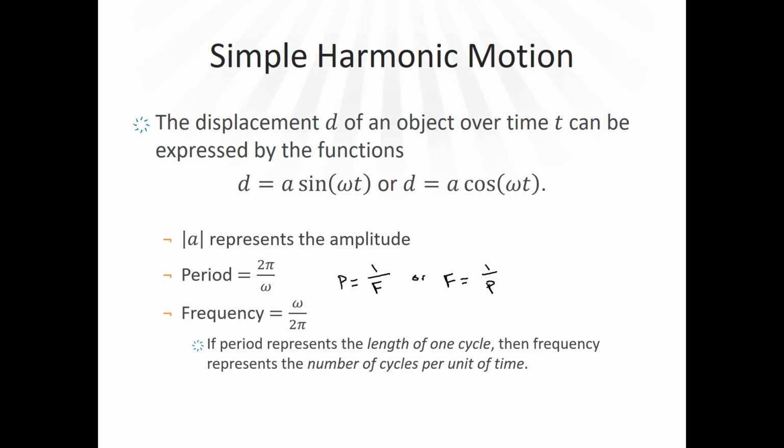It takes a half second for your heart to beat. Your frequency would mean that if it takes a half second to beat, it beats twice per second. So the period would be half a second, and the frequency would be twice per second. Usually when we talk about frequency per second, the unit is the hertz.